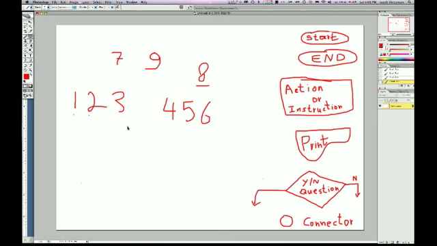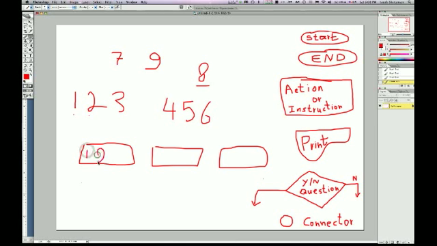So again, the method is to divide them into groups of 3. And we have 3 groups of 3. We have 1, 2, 3, 4, 5, and 6. And the last group is 7, 8, and 9.